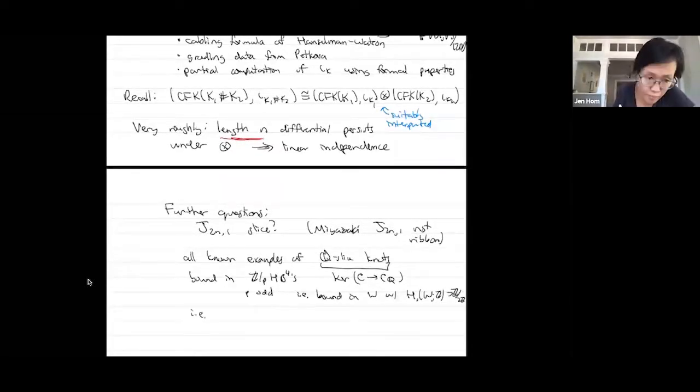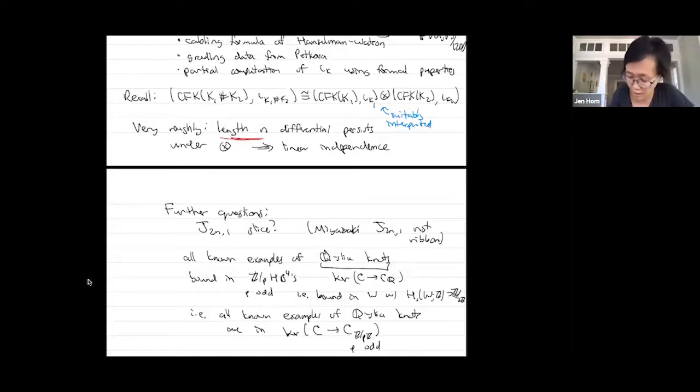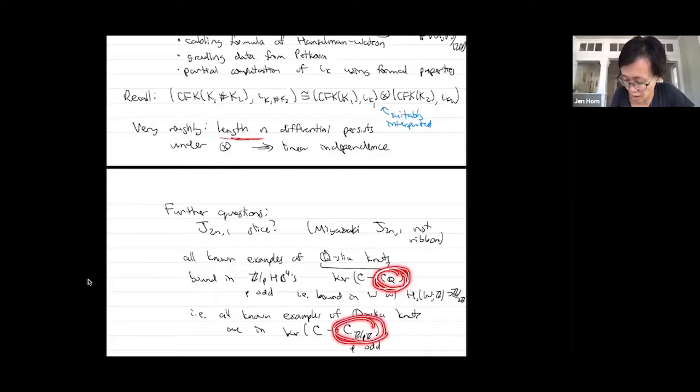So in other words, all known examples of rationally slice knots lie in the kernel of the concordance group to C_{Z/p}, for p odd. Here C_Q was the concordance group where we look at disks in rational homology balls, and C_{Z/p} looks at things that are slice in Z mod p homology balls.